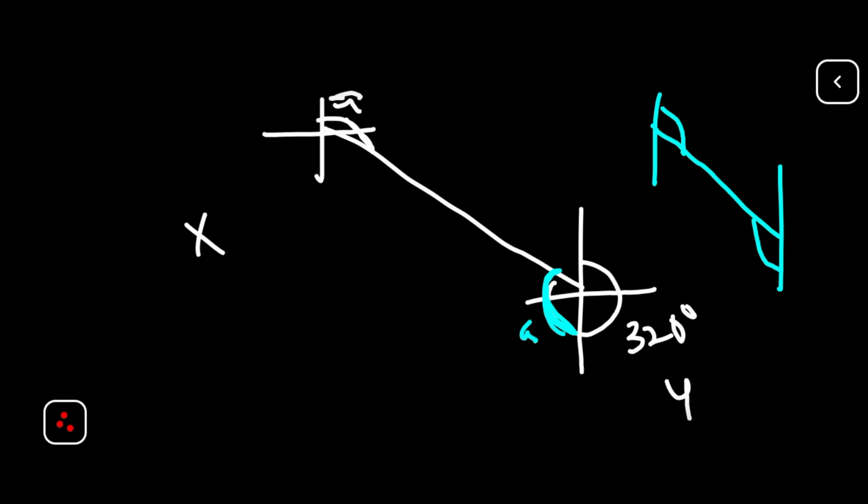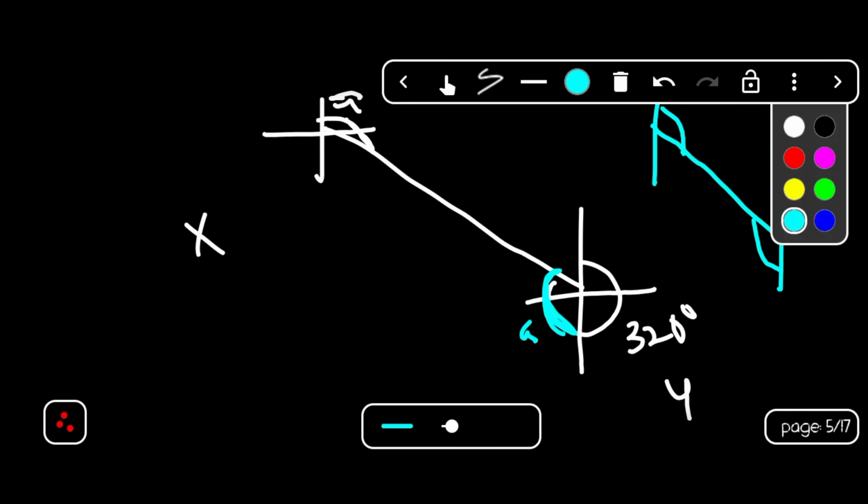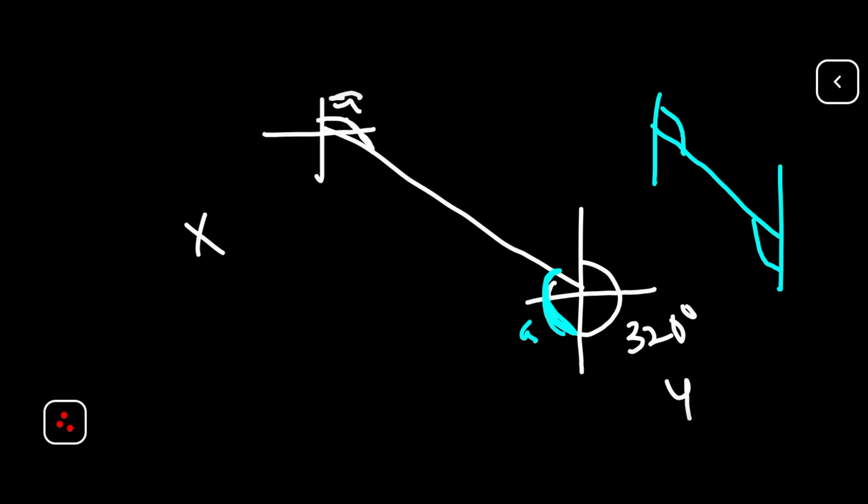So we know, first of all, that from here to here is 180, right? Angle on a straight line. That means 180 plus A will give you this 320, because 320 is from here to this mark here of the bearing.